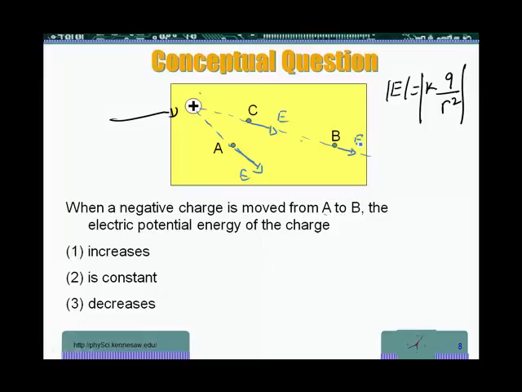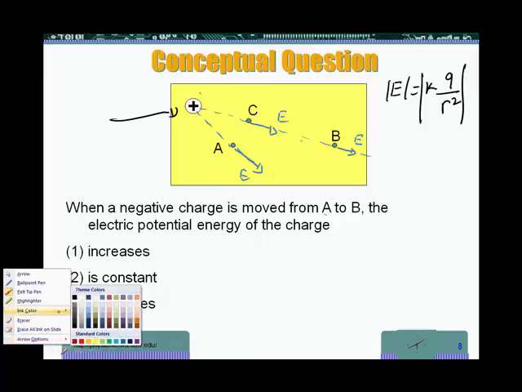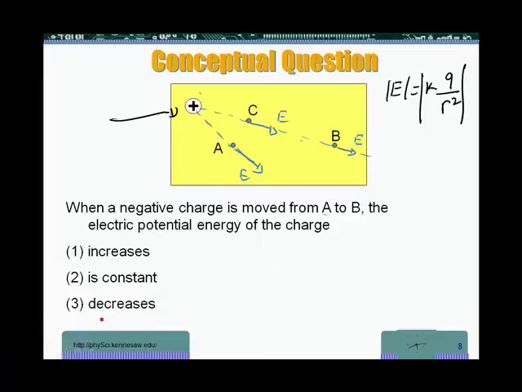Okay, now the electrical force, since we still have a negative charge, is going to be opposite in direction to the electrical field. So in here it's going to point this way, that's my electrical force. Here it's going to point this way. Here it's going to point this way.